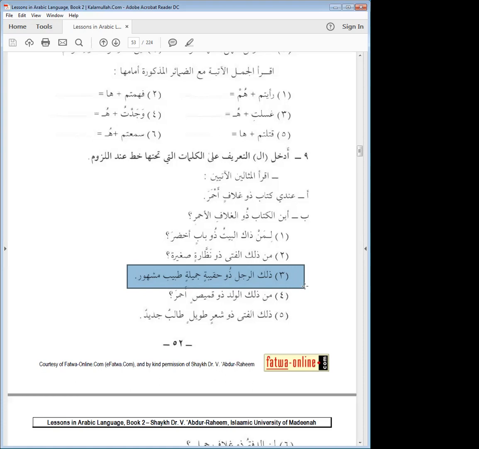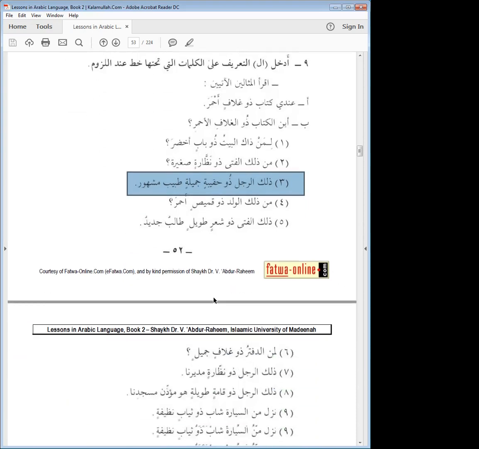Dhalika ar-rajul dhu al-haqiba al-jamila tabib mashhur. Right, so that man with the beautiful bag is a famous doctor. Right, that's the meaning of that.